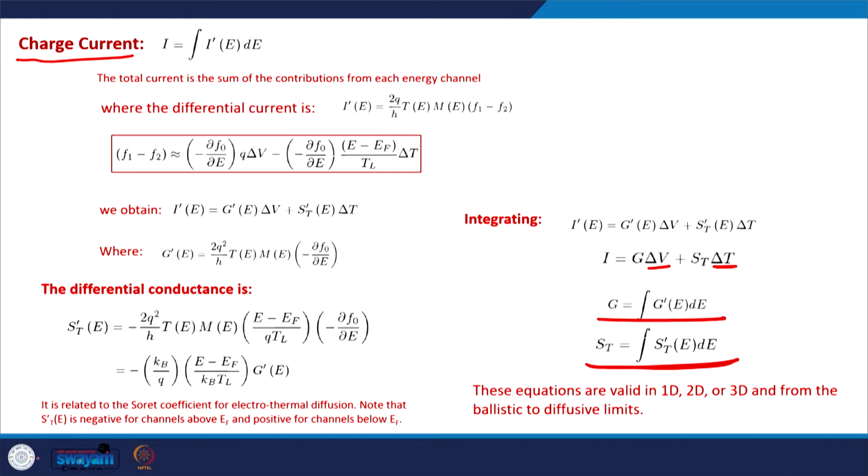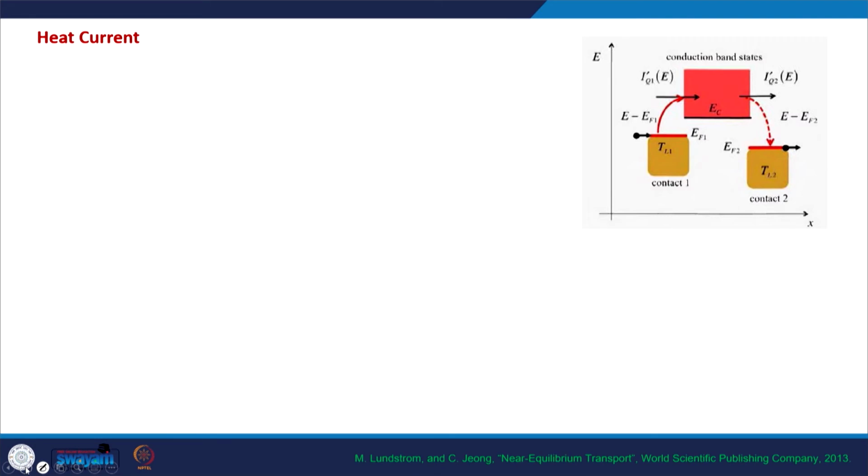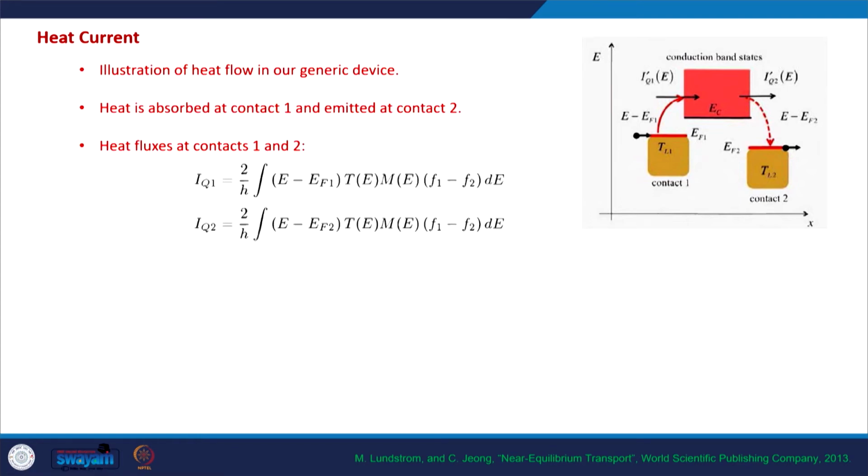In a similar way, the heat current from contact 1 is defined as, just to recall, the differential heat current is given as 2 by h times (E minus E F) into T E times M E times F1 minus F2.